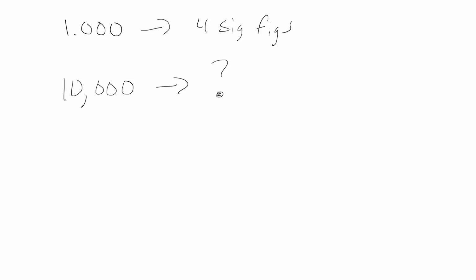So we don't really know if these zeros are significant. Some mathematicians will say it's only one significant digit, but it's really ambiguous. It's unclear whether or not these are significant. We can't say; it could be 1, 2, 3, 4, or 5, it could be any one of these. So keep in mind that if you see something like this, it's ambiguous. It's unclear how many significant digits are really shown here.